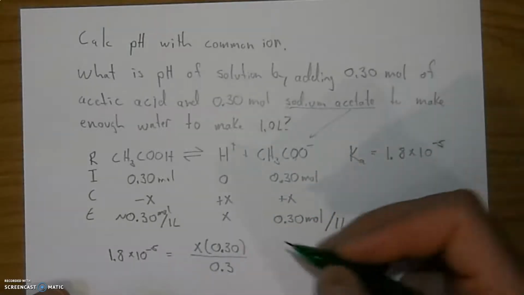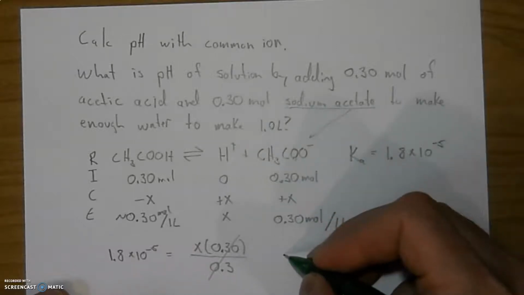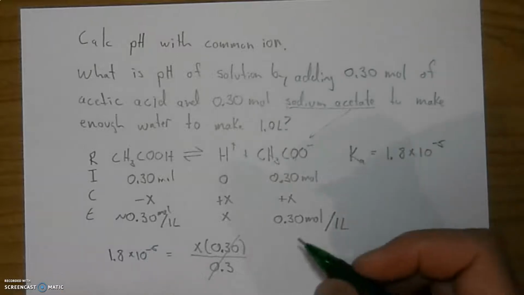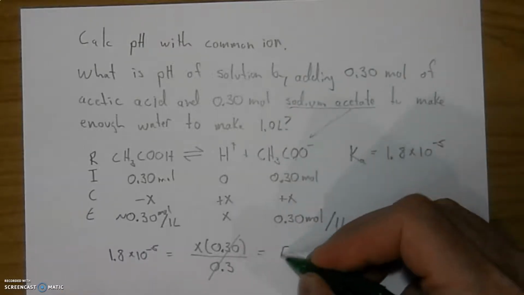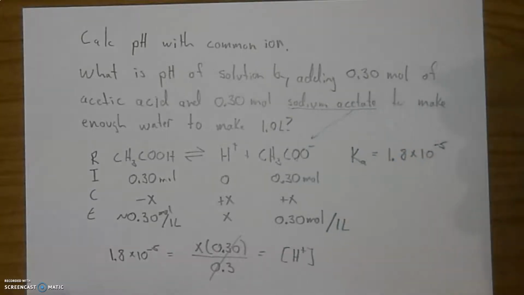Doing some quick math, these two are going to cancel out. X is going to be equal to 1.8 times 10 to the negative 5. So that happens to be equal to the hydrogen ion concentration. Fantastic. It's almost like I'm done.